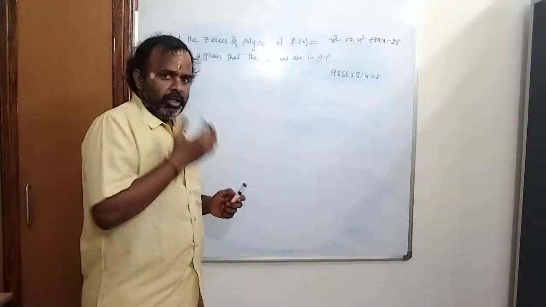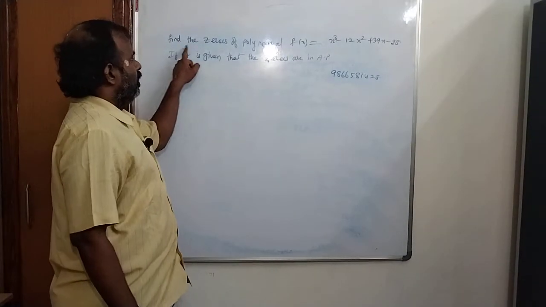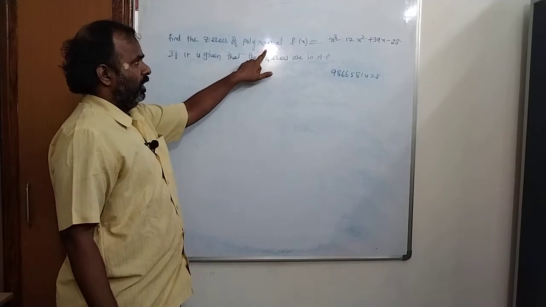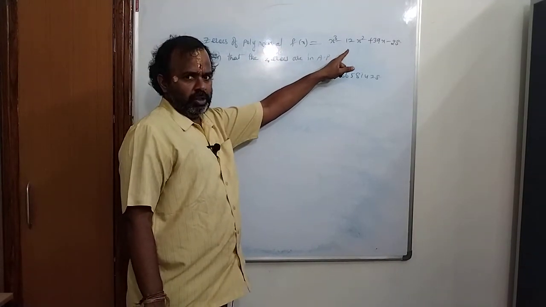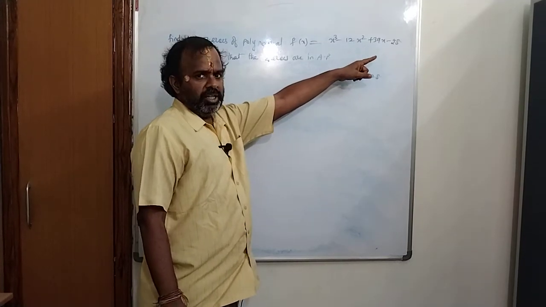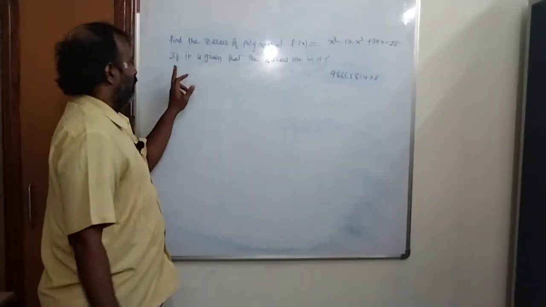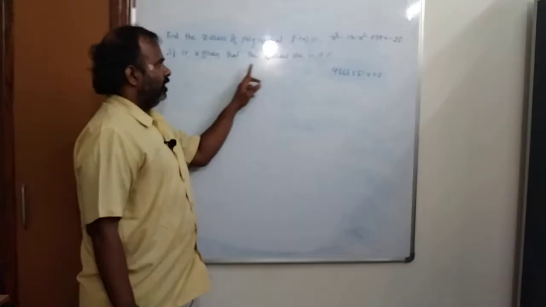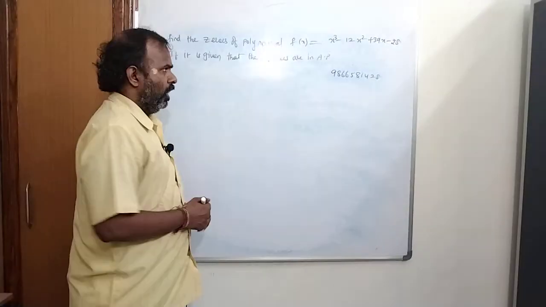Now, next problem: find the zeros of polynomial f of x is equal to x cube minus 12x square plus 39x minus 28 if it is given that the zeros are in AP.